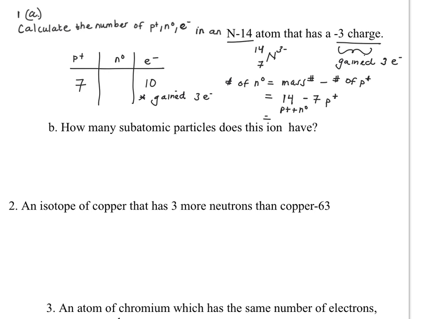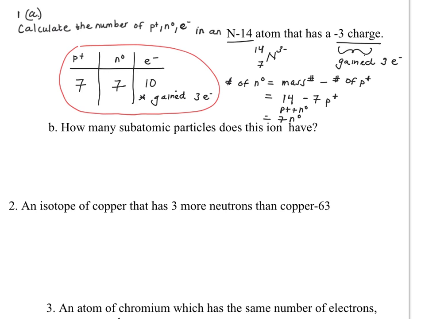So therefore we have 7 neutrons in our nitride atom. So the final answer in this problem is that it has 7 protons, 7 neutrons, and 10 electrons.